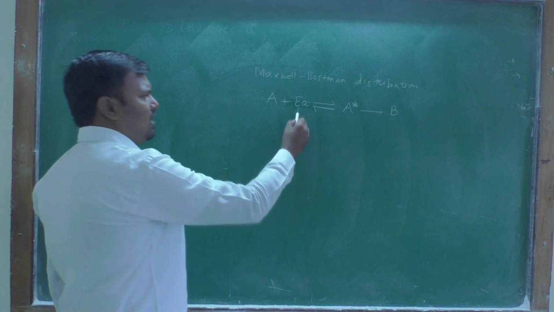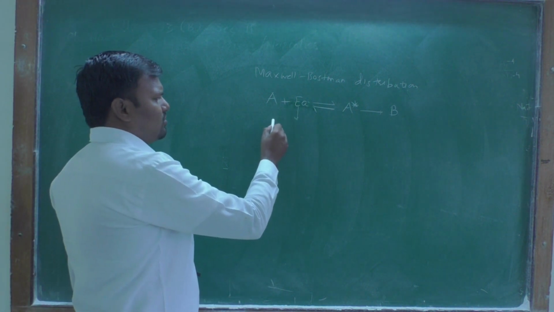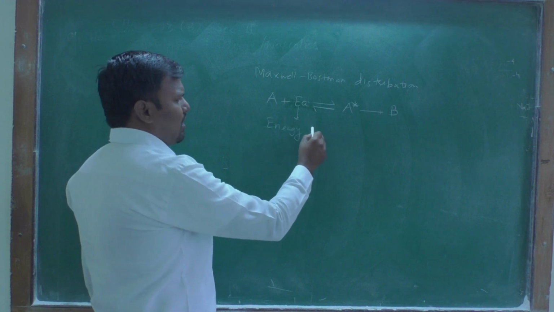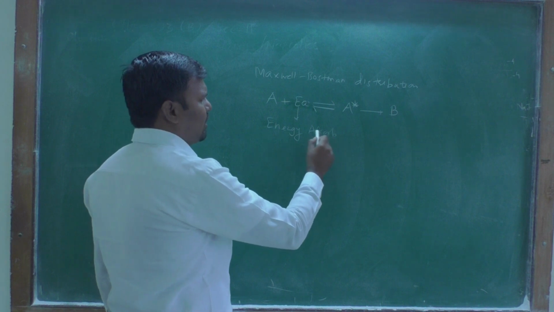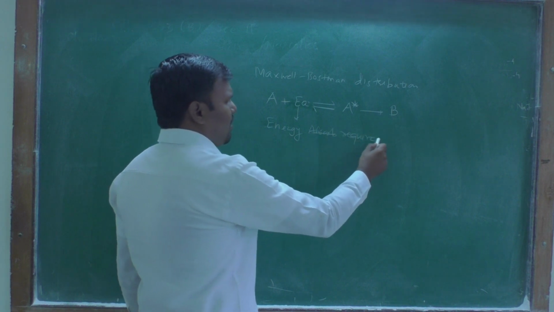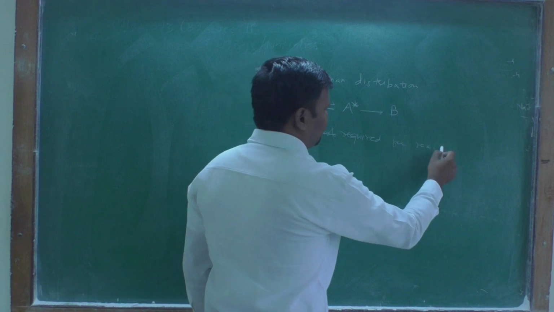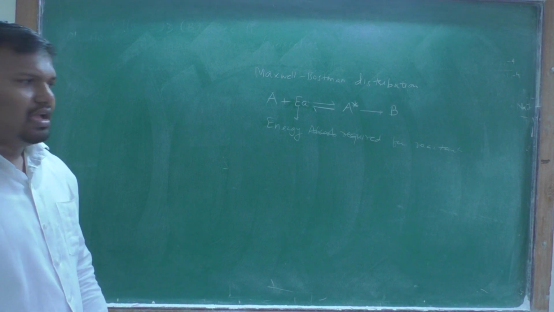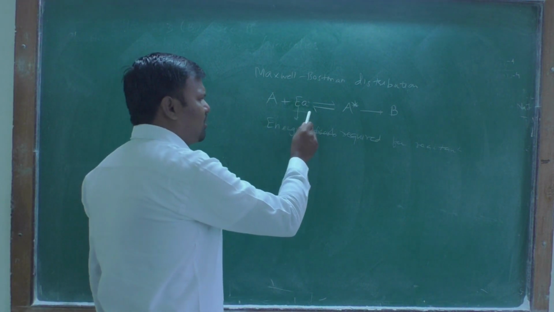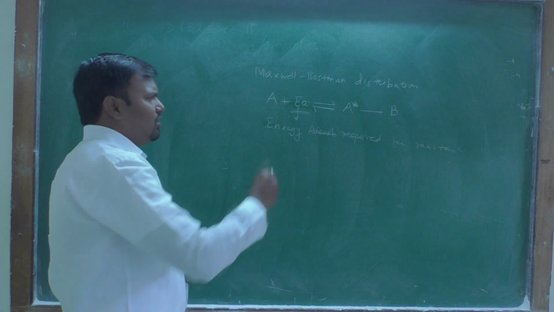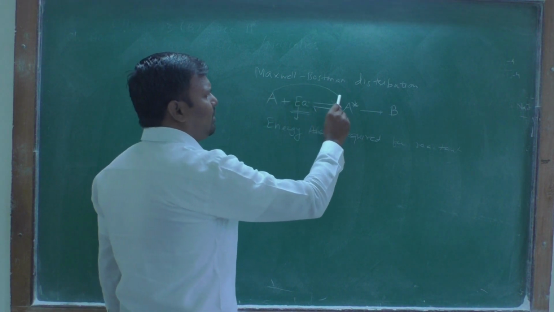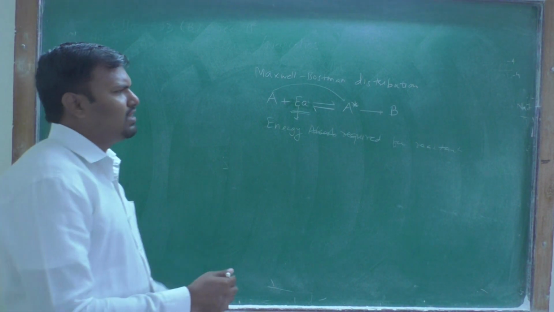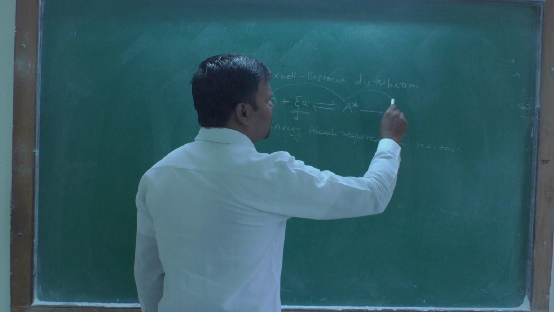This is the sufficient energy absorbed by the reactant, or required for the reactant to react and give the product. After absorbing the energy of activation, your reactant gives the activated complex, and the activated complex gives the product.